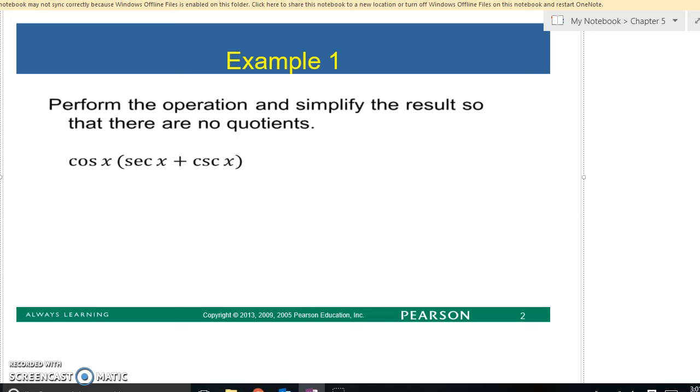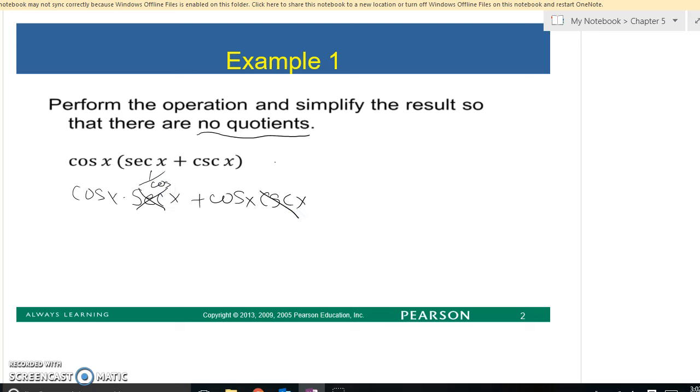So here we go. This first one, you can see it says simplify until there are no quotients. So in order to do that, we're probably going to need to distribute to start off here. So we've got cosine x times secant x plus cosine x times cosecant x. You know that secant can change into 1 over cosine.